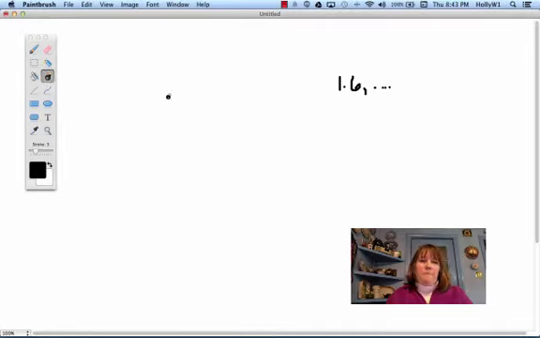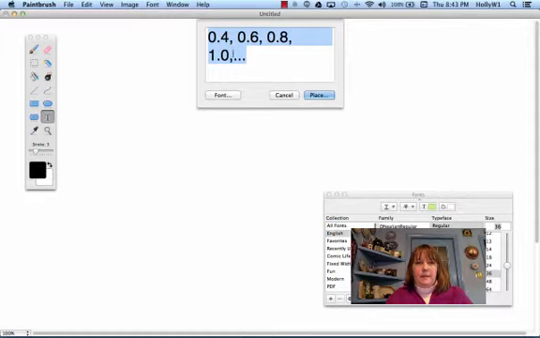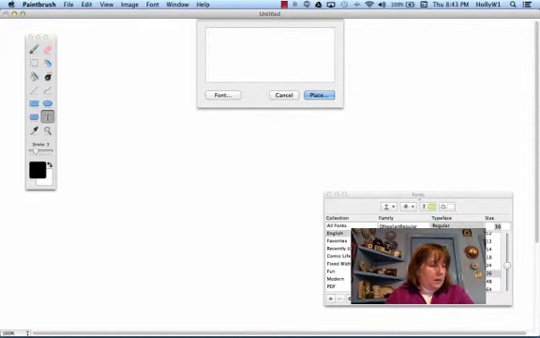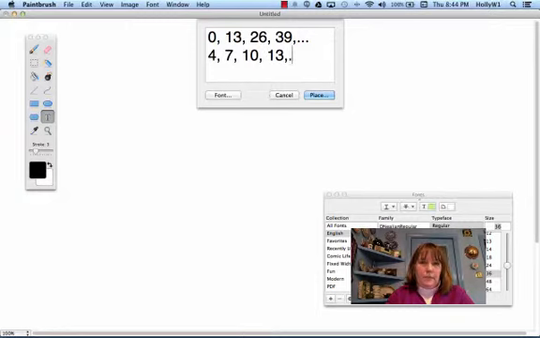So that's how we figured out those two sequences. Okay, so we have 4 got-its for you. And our 4 got-its are: 0, 13, 26, 39; and 4, 7, 10, and 13; and C is 1, and 1 and 3/10, and 1 and 6/10, and 1 and 9/10.